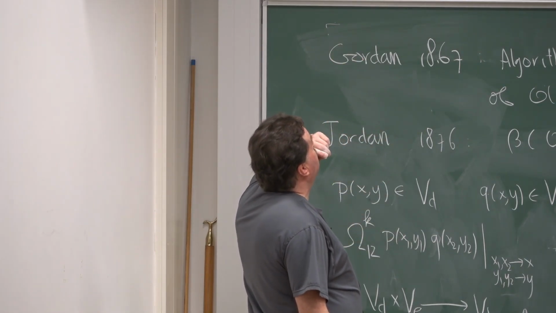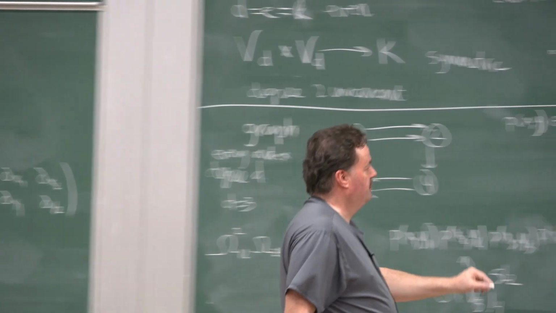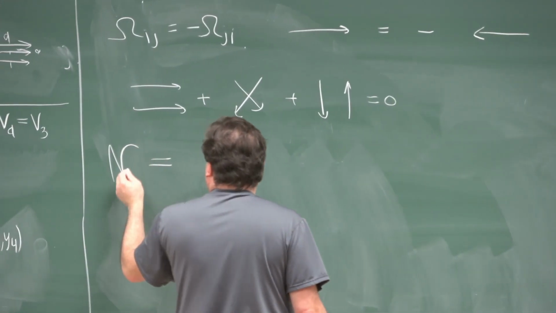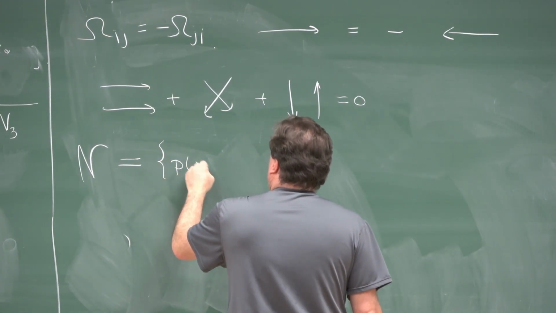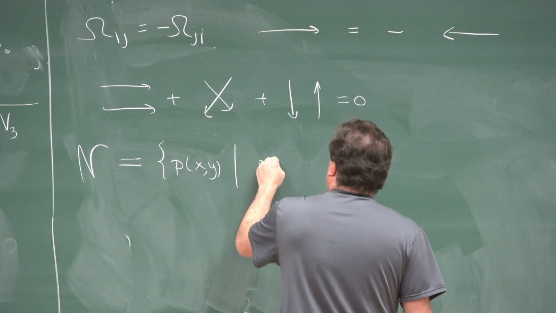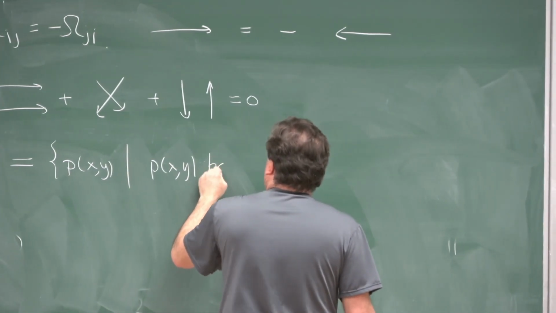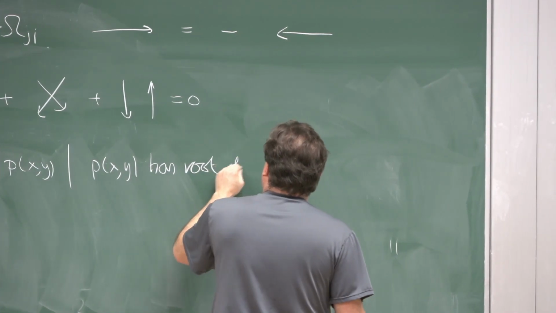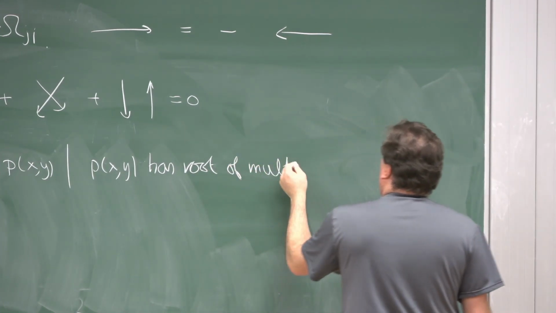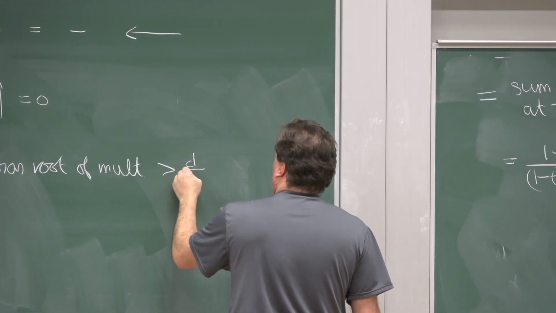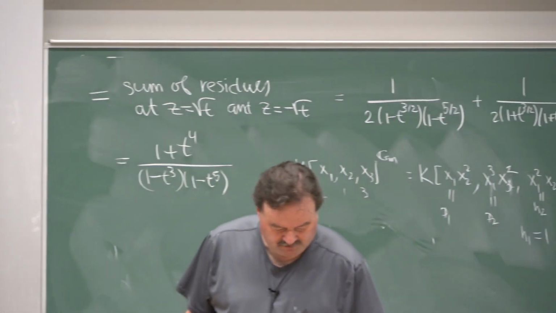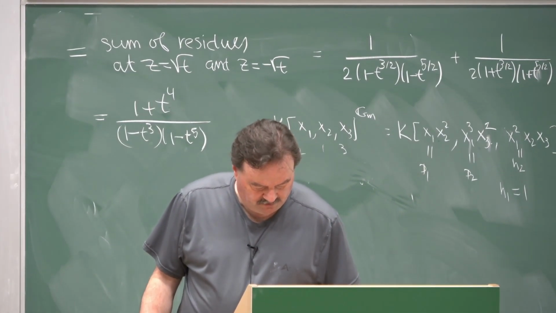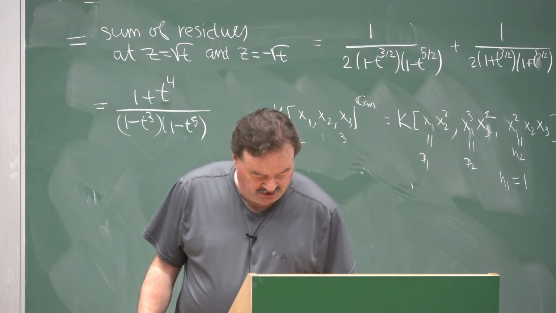Let me just say it: the null cone for binary forms of degree D is exactly those forms that have a root of multiplicity more than D over 2.